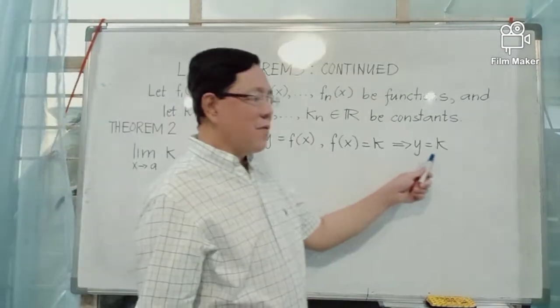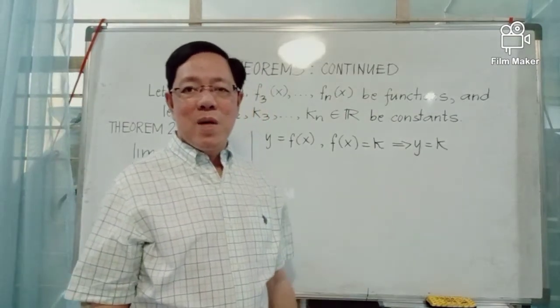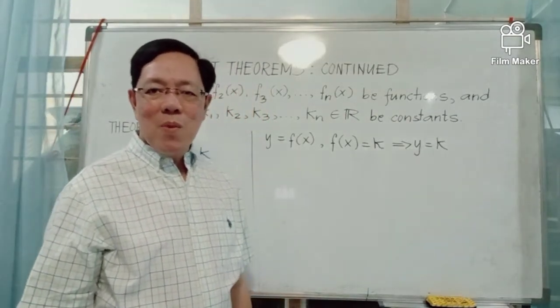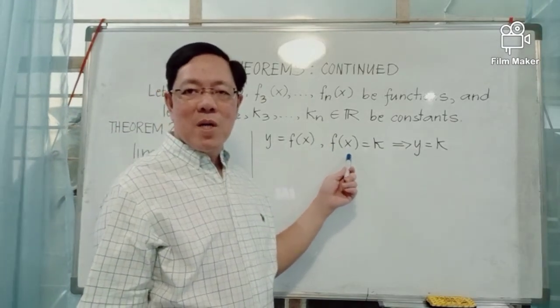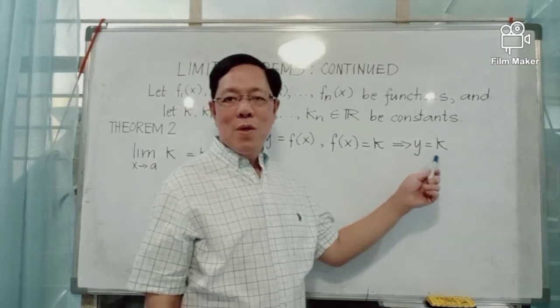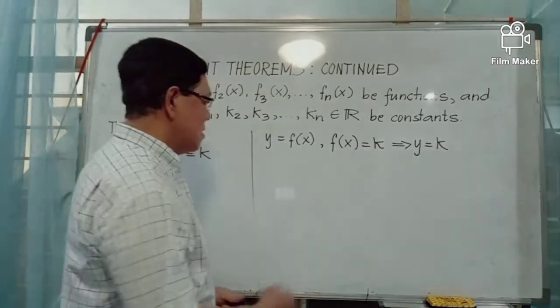This means that for any value of the independent variable x, the value of y, or the value of the function for any value of the independent variable x, is equal to the constant k.